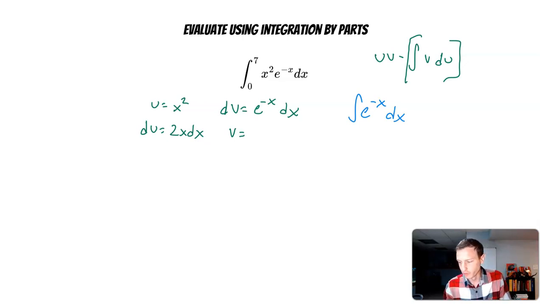In order to integrate that, you really just need to know how to integrate exponential functions. The rule is that e to the ax becomes 1 over a times e to the ax. So in this case, a is negative 1, and we get negative e to the negative x.